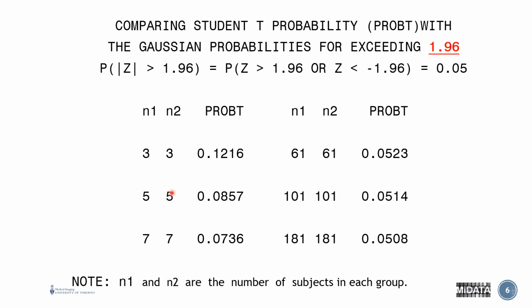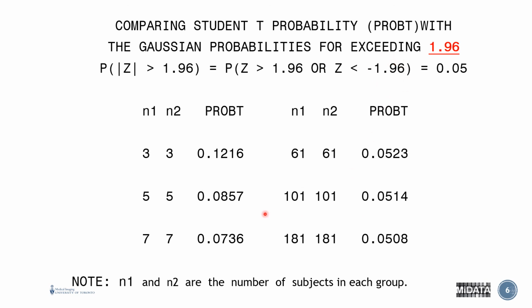As you go up in sample size, the area to the right and left of the cut points starts to get smaller, meaning it's approaching what we had hoped for with the Z ratio, which is 5%. You see here already at 61, we're really close to the 5% cut point. When we get to 100, we're even closer. And so inevitably, as the sample size increases, we approach the Z ratio probabilities from these cut points.